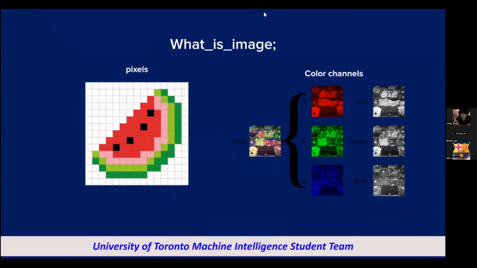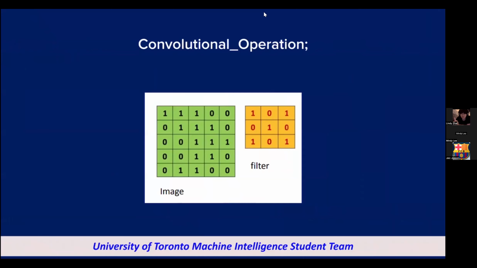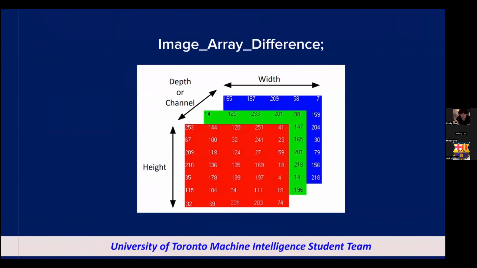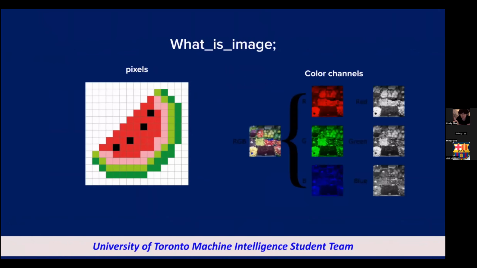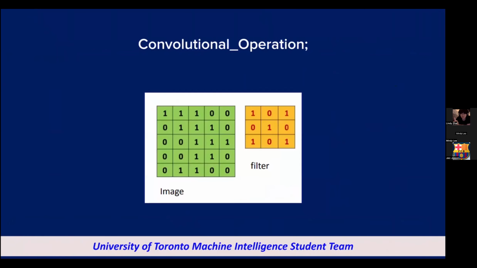So convolution is really easy, because essentially, for example, if we have an image like the green one, in this case we're not using RGB, we're just using either 0 or 1, so it's really just like a pixel diagram.